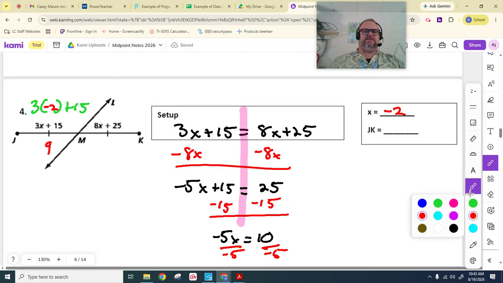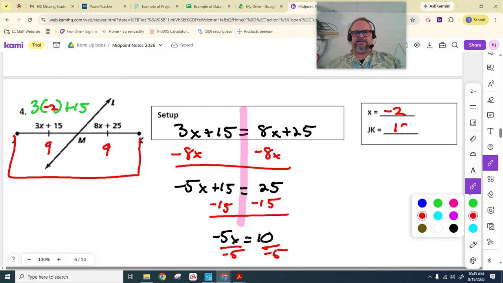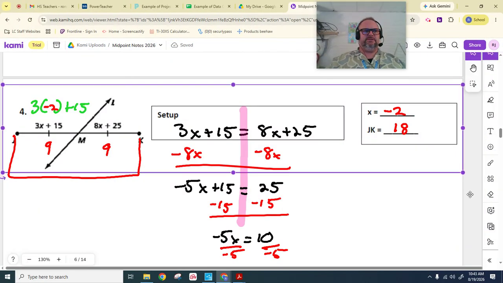Well, this is 9, and this is 9. This whole thing, 18. Okay, remember, you can't go from looking at the object directly to the answer. You have to read it. You have to think about it. Use the gray thing between your ears.